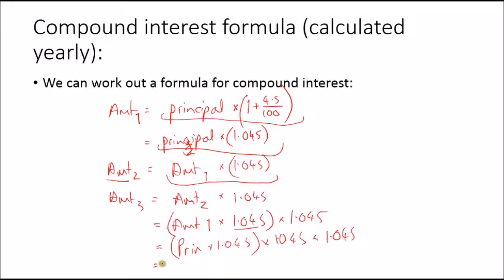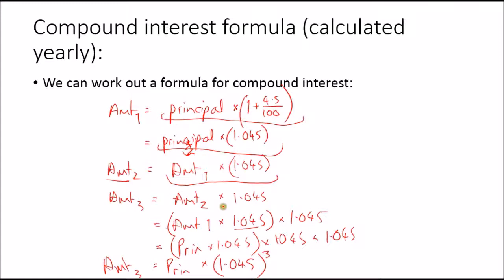I've got the amount after 3 years is the principal times 1.045, which is the way we're adding the interest on, to the power of 3, because it's 1.045 times 1.045 times 1.045.